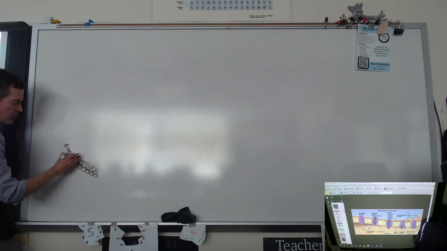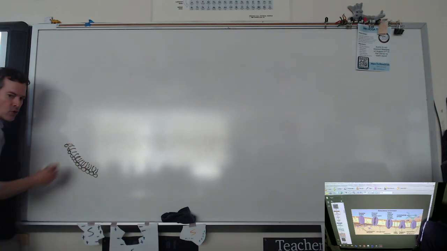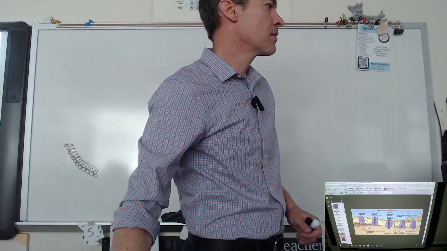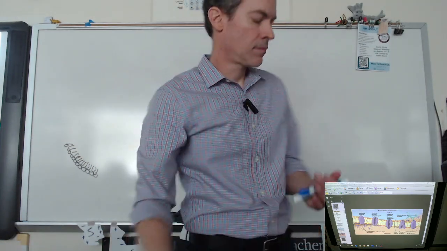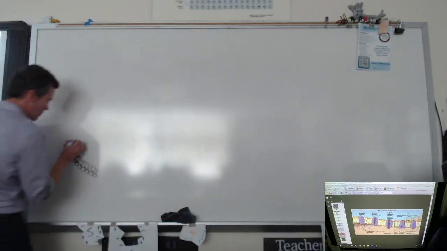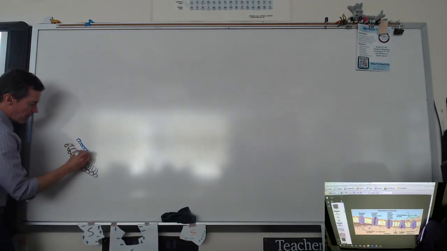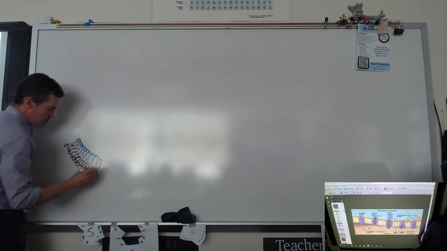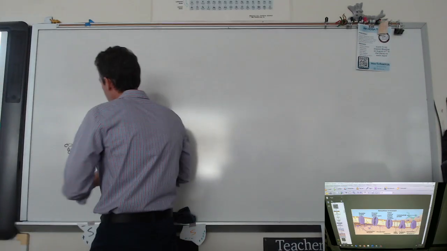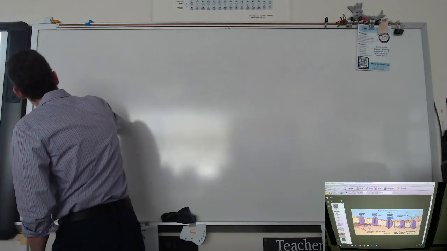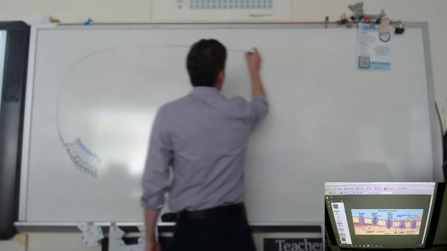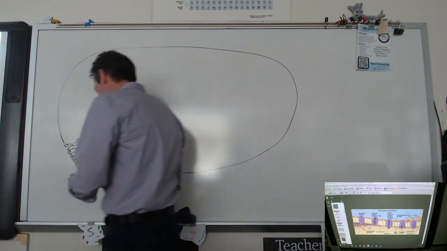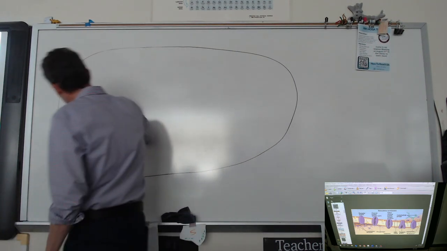But I draw a little bit of phospholipid bilayer in one corner. Let me turn down my volumes there. And then after that, I just continue it like that. So this is sort of how I do mine.